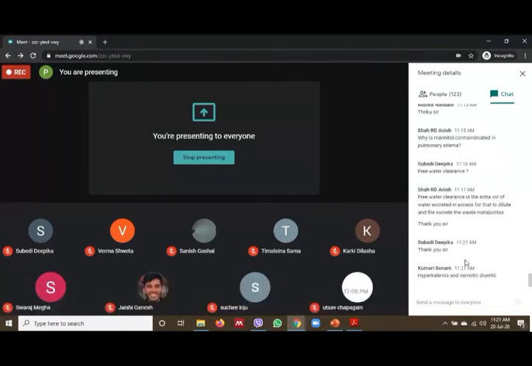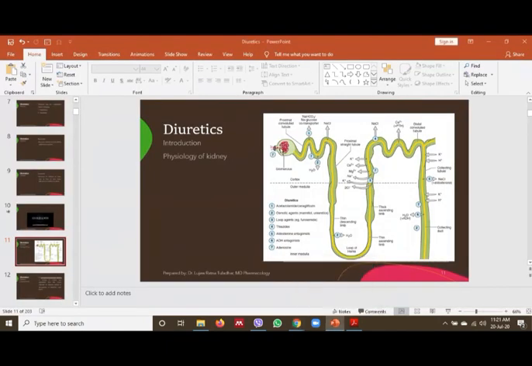Hyperkalemia and osmotic diuretic. Okay, the osmotic diuretic is mannitol. Mannitol is filtered in the glomerulus, and from the glomerulus it will act in the PCT, the loop of Henle, DCT and collecting tubule.